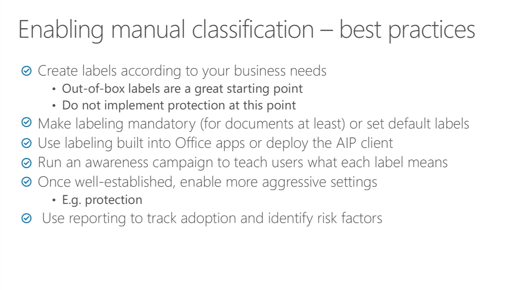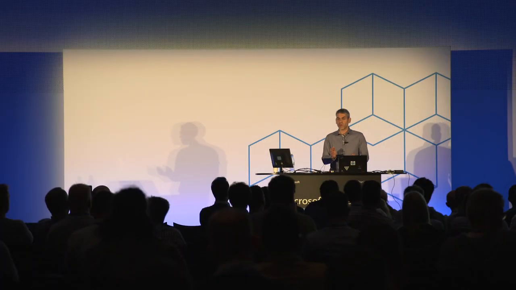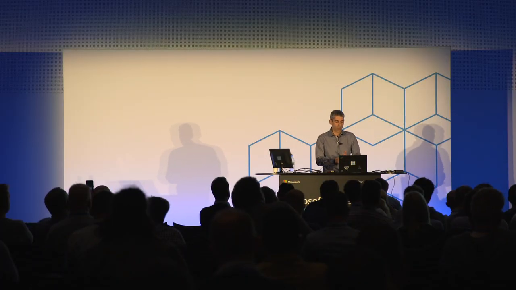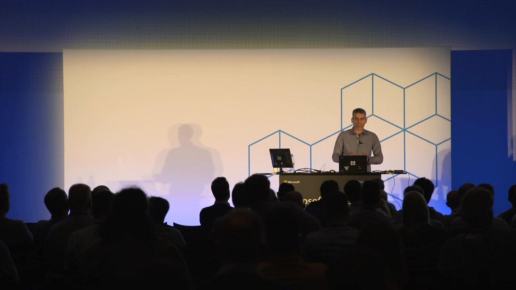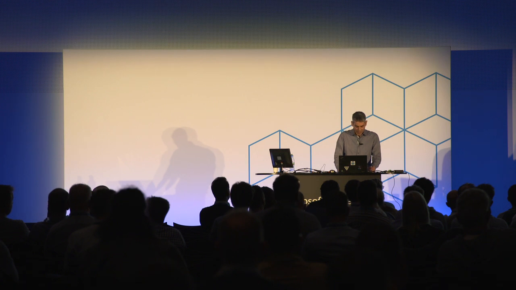For the first phase, once your end users feel comfortable about using labeling and understanding the consequences of labeling a document, then you should move further to protection. And also remember, protection shouldn't be applied on all documents. You should try to apply it on maybe 1% to 2% of your documents altogether.